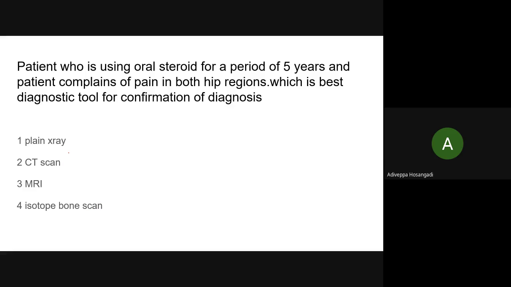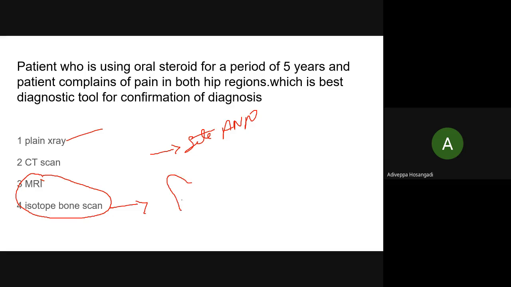Where you can get stuck, definitely X-ray, I told you, is very late. So now you can get stuck with isotope bone scan and MRI. But please remember, MRI gives the exact site of AVN. The problem with bone scan is that it is a two-dimensional picture.